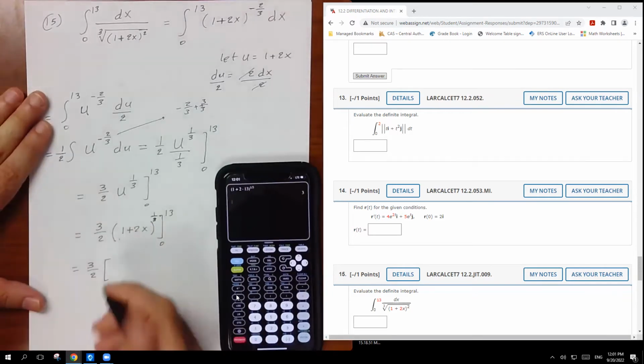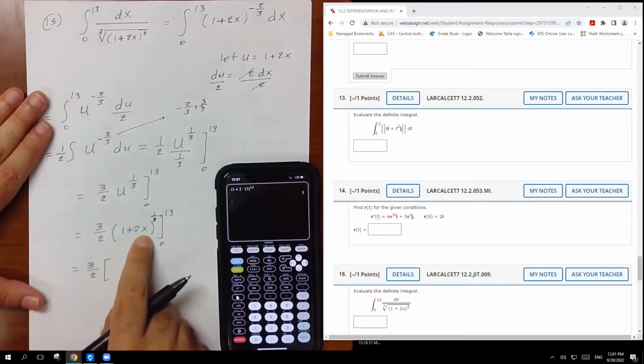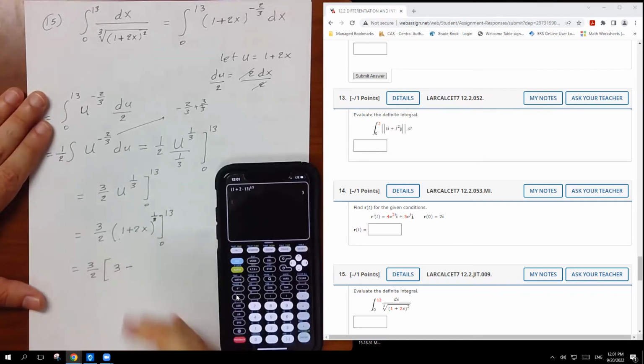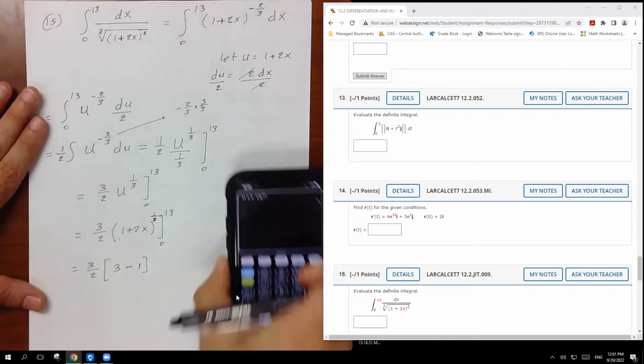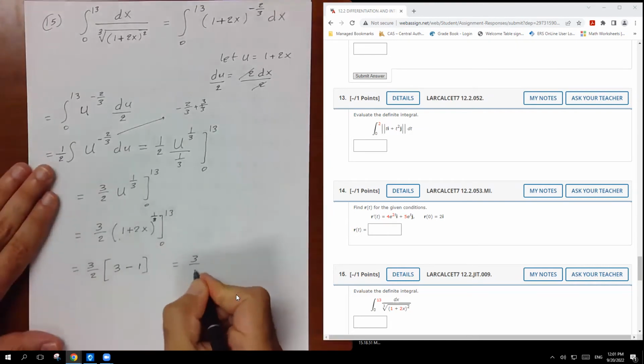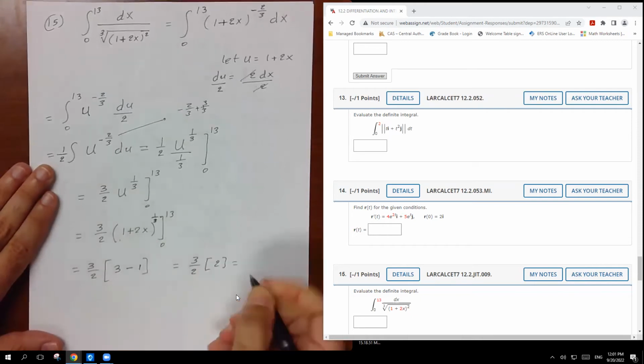Yes, that's good. It's going to be 3. Minus, we're going to plug in the 0, so it's going to be 1 to the 1/3, which is 1. That means this one is going to be 3/2, and here is going to be 2, and the result is going to be 3.